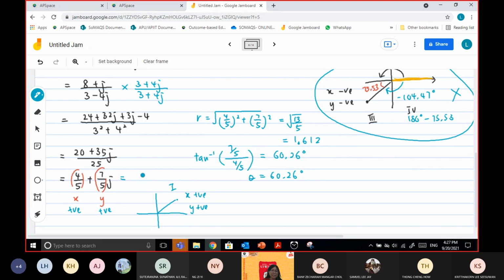We can write this as 1.612, angle theta, 60.26 degrees, which is R angle theta. Okay, so this is the answer. Any question?